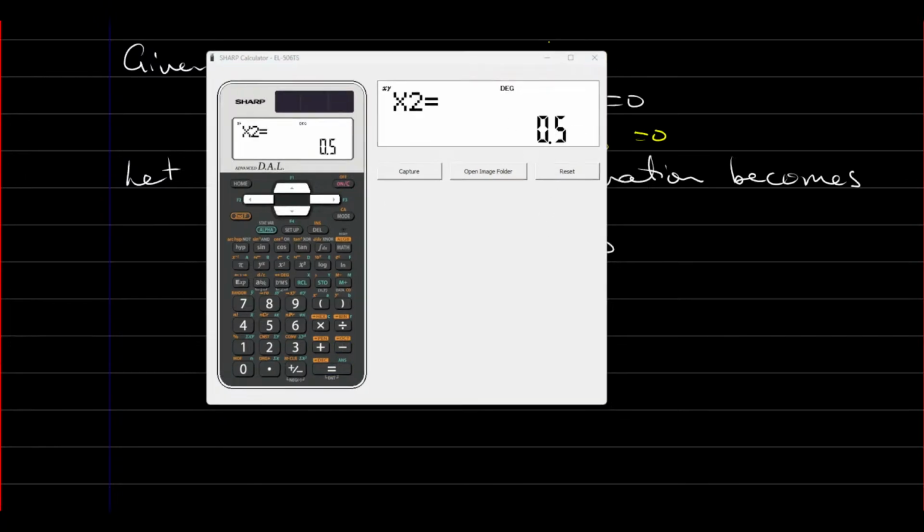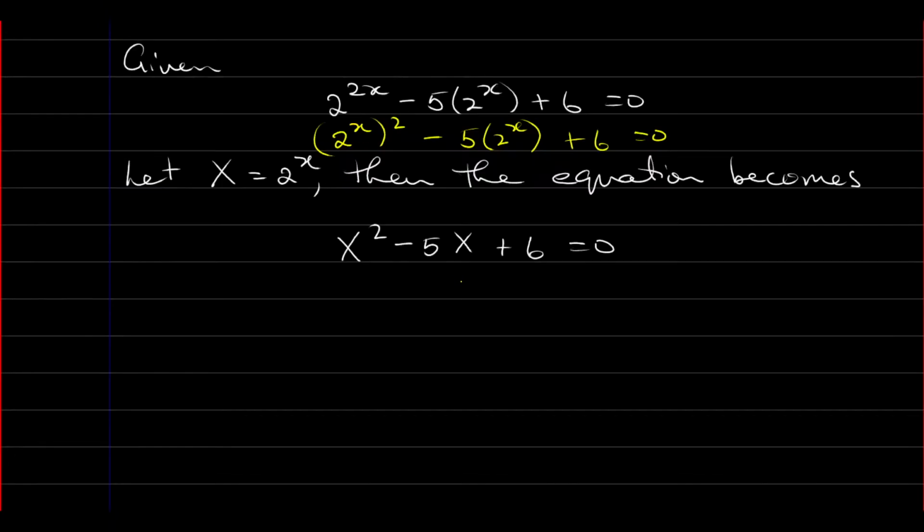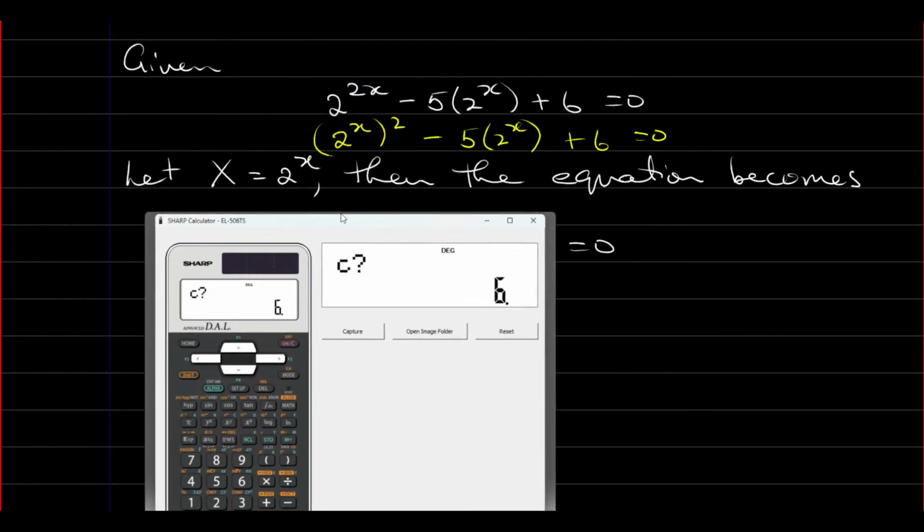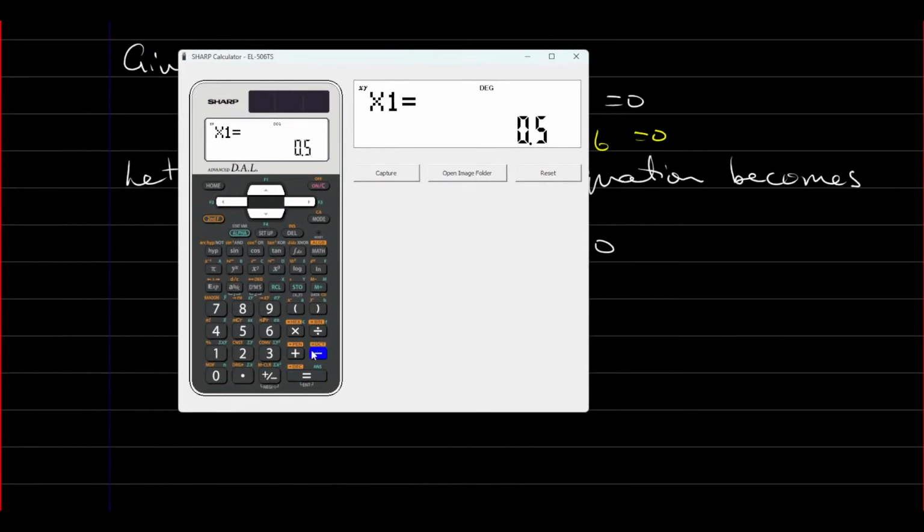Okay, so we get a positive a half, but we get a half and a half. Is that correct? That doesn't look correct. You see? So a half, 1, minus 1, 6. That's 1. A half, and a half.